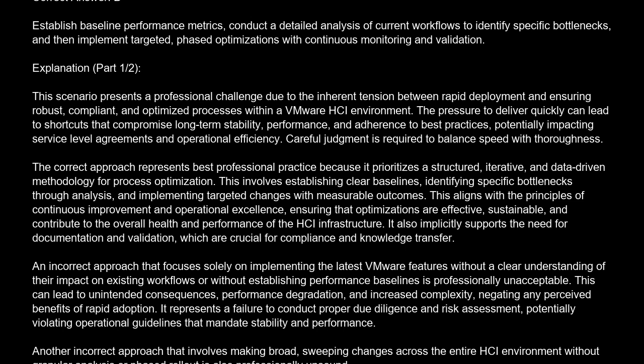An incorrect approach that focuses solely on implementing the latest VMware features without a clear understanding of their impact on existing workflows or without establishing performance baselines is professionally unacceptable. This can lead to unintended consequences, performance degradation, and increased complexity, negating any perceived benefits of rapid adoption.